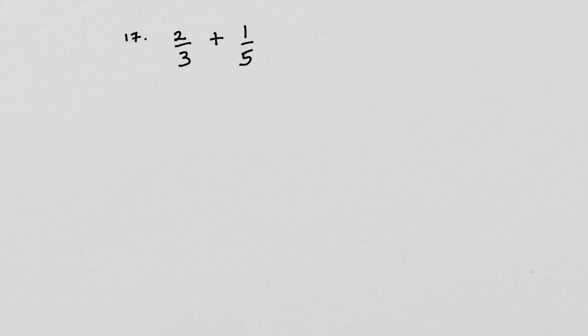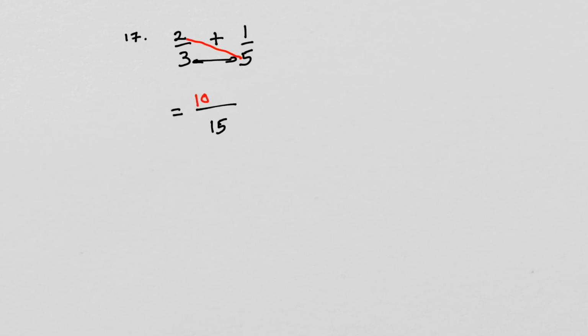Question 17. We are adding the fractions 2/3 and 1/5. We will be using the cross multiplication method here. We will first multiply the denominators. 3 times 5 is 15. Next, we will cross multiply. We will multiply the 2 and 5.